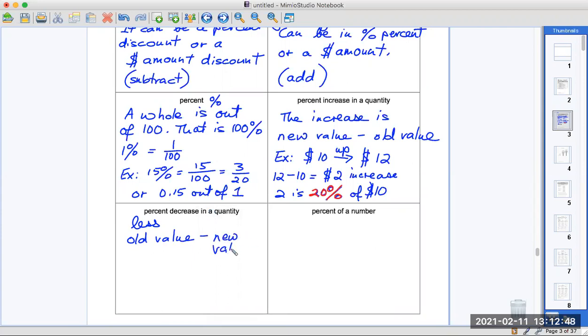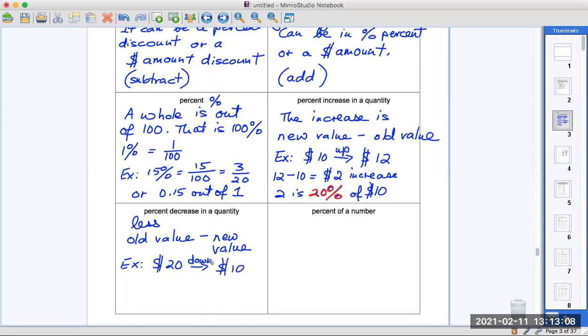So the order matters when you subtract. Be careful. For example, something costs $20 and it goes down, and all of a sudden it costs $10, right?